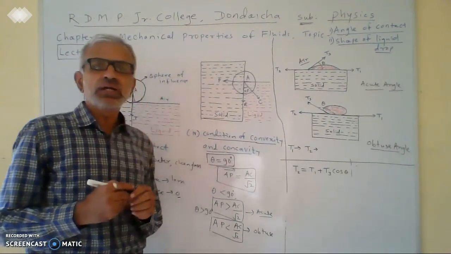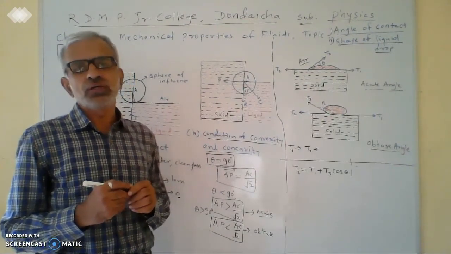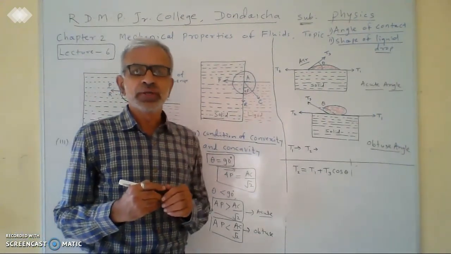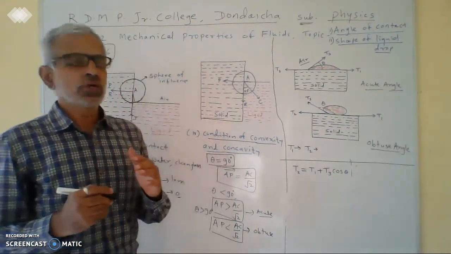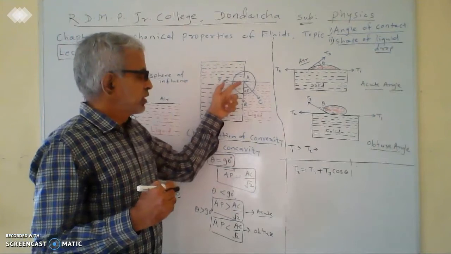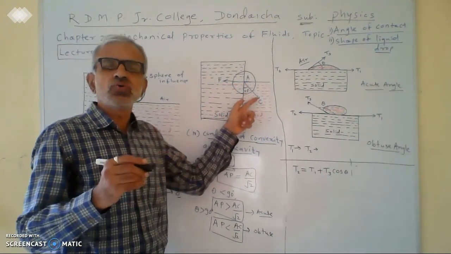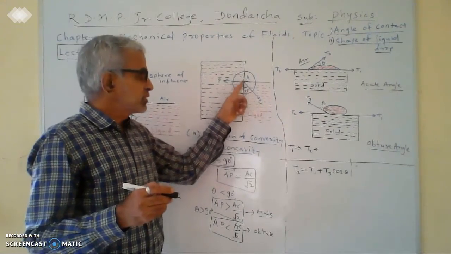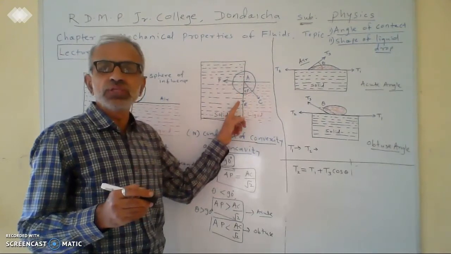Angle of contact of 90 degree. Consider hypothetical liquid of angle of contact 90 degree. And for that liquid in contact with the solid, if we draw vector AC, which is the cohesive force, then this vector AC should be drawn at an angle 45 degree with the surface.